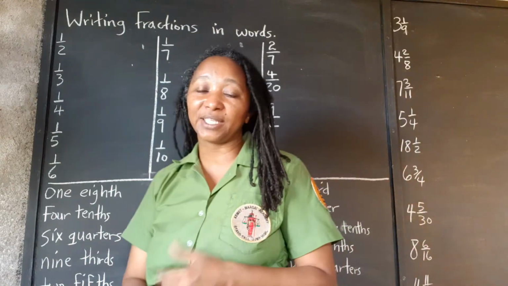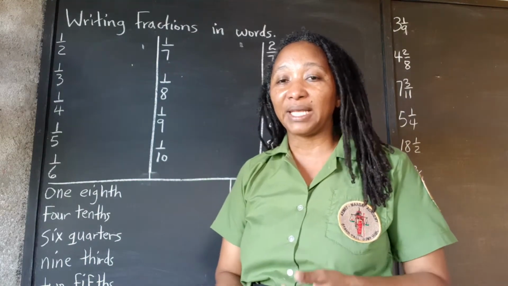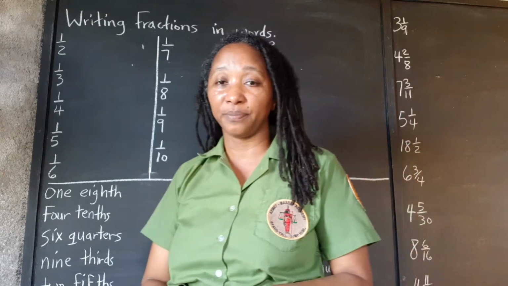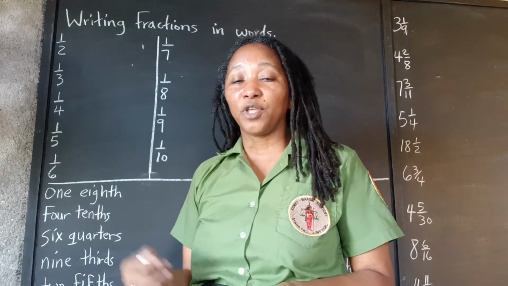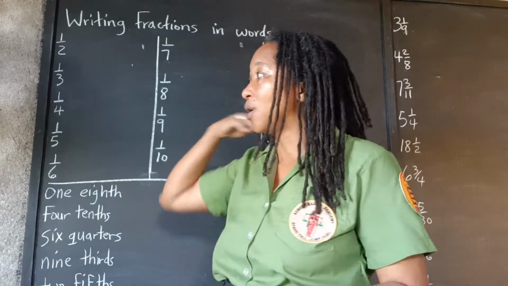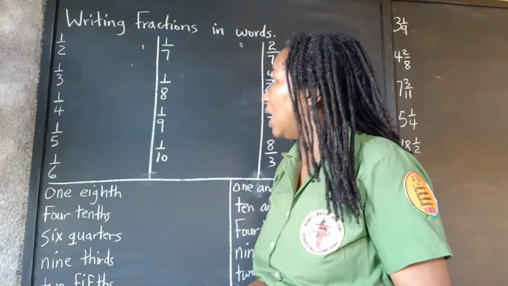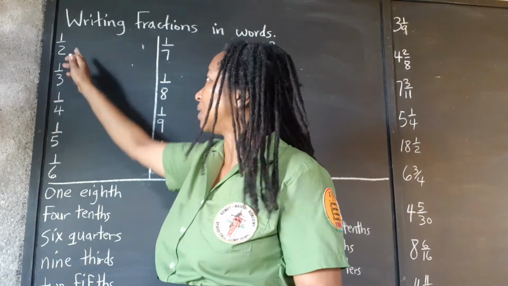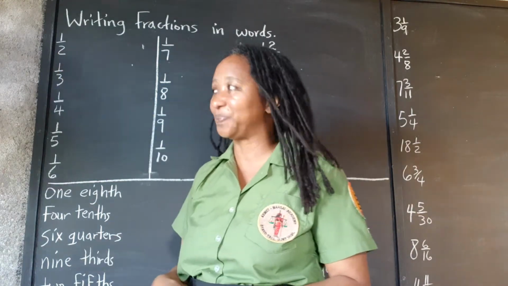We start by writing the numerator, and then we write the denominator in its ordinal form, third, fourth, fifth. If the numerator is more than 1, so if it's 2 or more, we add an s to the denominator. And the exception is for the half, because we don't say 1 second.